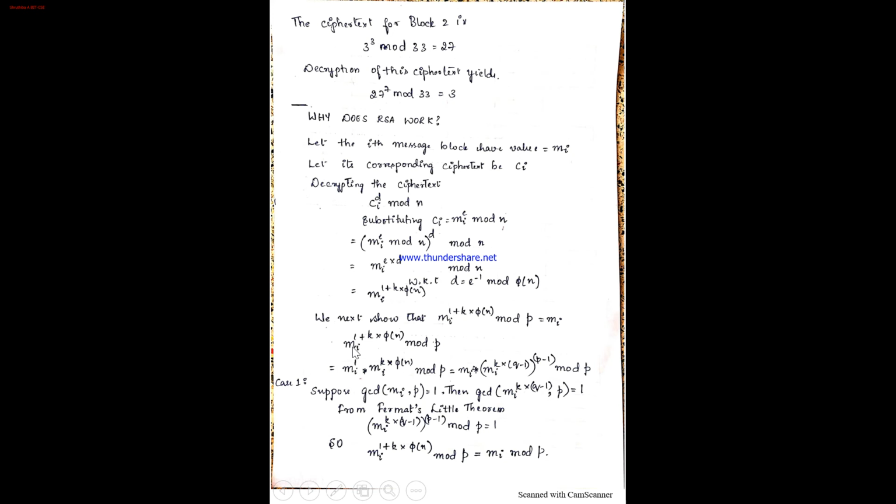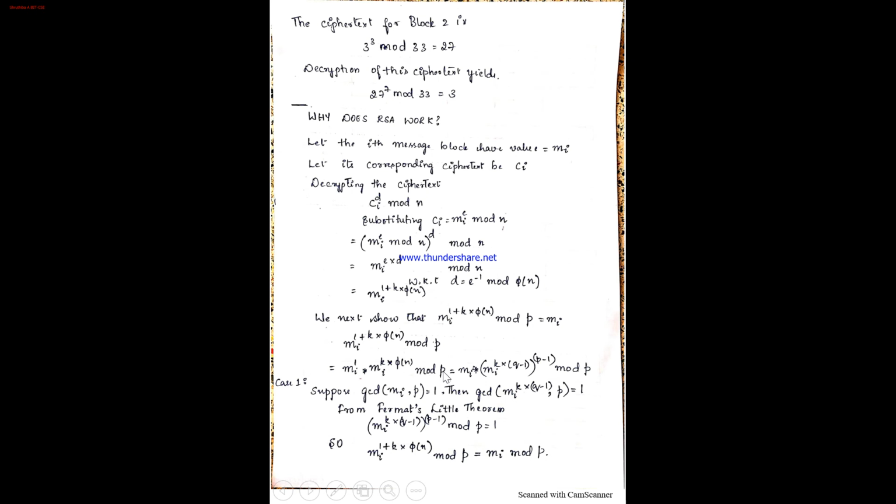Before that, mi to the power of 1 into mi to the power of k into phi of n mod p, where the exponent addition I'll just remove. If I take individually the GCD, the two cases are: if the GCD of mi and p is equal to 1, then obviously the other GCD is also equal to 1.